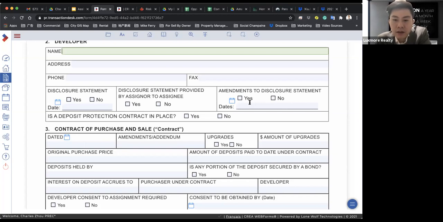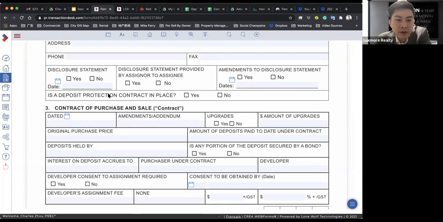So normally the developer would request the assignee, the buyer, to list all the dates. For example, if there are 5 amendments, then you have to list all 5 dates in this section. You will not be able to type in here. You probably have to download the form and fill it in either by hand or with a PDF editor in this section here.